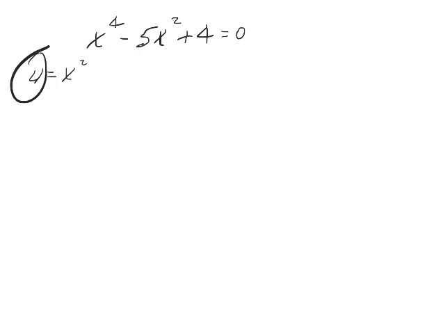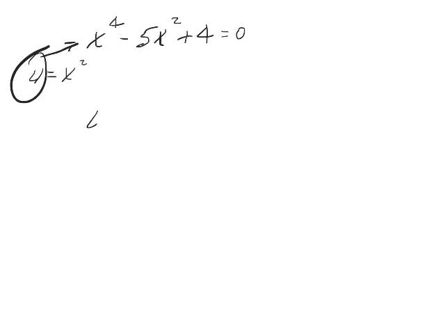Some equations can be treated like quadratics even though they may not be quadratic, and we've done these before. Hopefully you remember a little bit how to do this. So if we have something like that, and if we choose to make u equal to x squared, then we can substitute u in there and make it into a quadratic equation.